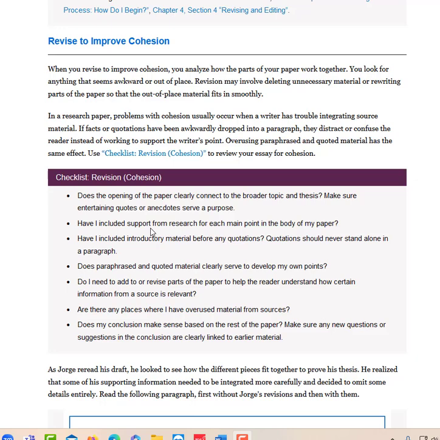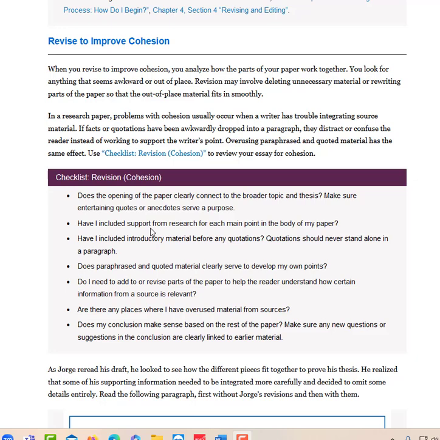Checklist for cohesion. Does the opening of the paper clearly connect to the broader topic and thesis? Have I included support from research for each main point in the body of my paper? Have I included introductory material before any quotations? Do paraphrase and quoted materials clearly serve to develop my own points?